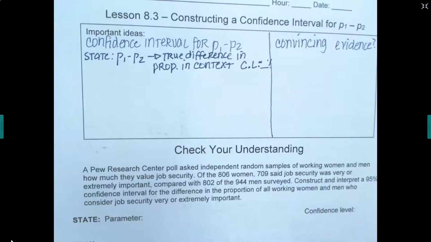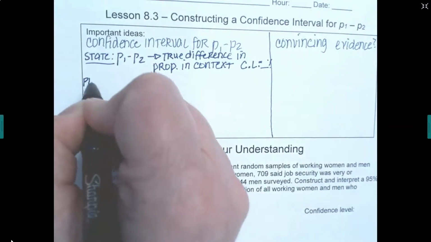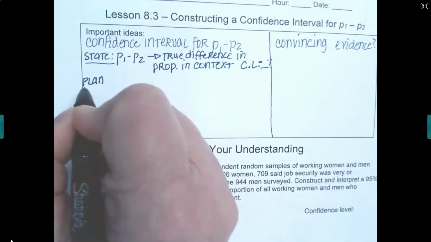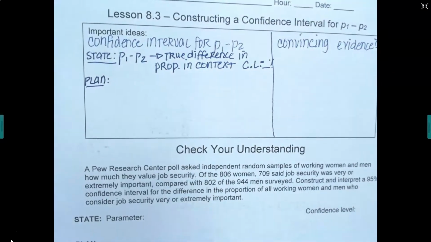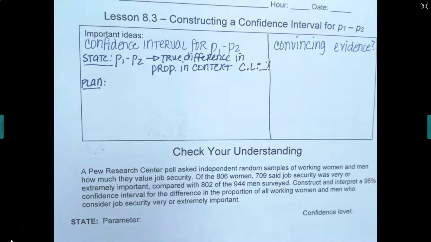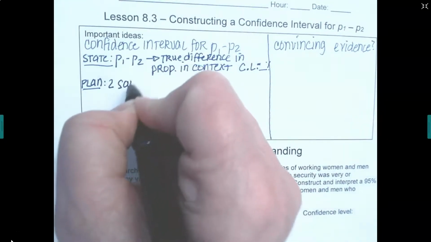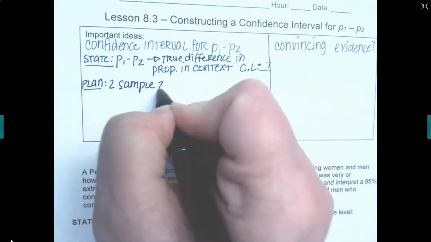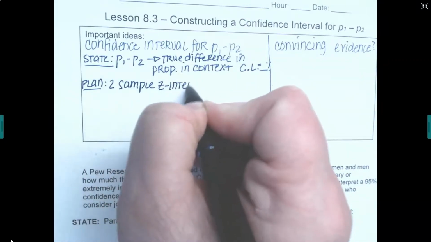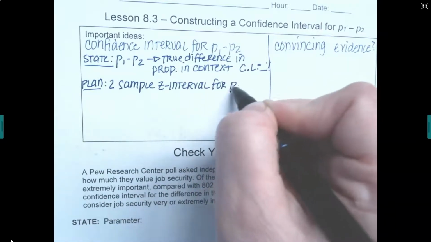Okay. For your plan portion, previously we took a single sample, and we got a p-hat, and we did a one sample z interval for proportions. This time it's two different samples. It'd be like juniors and seniors. Those were two different samples. So we say it's a two sample z interval. It is for proportions, but it's the difference in proportions.